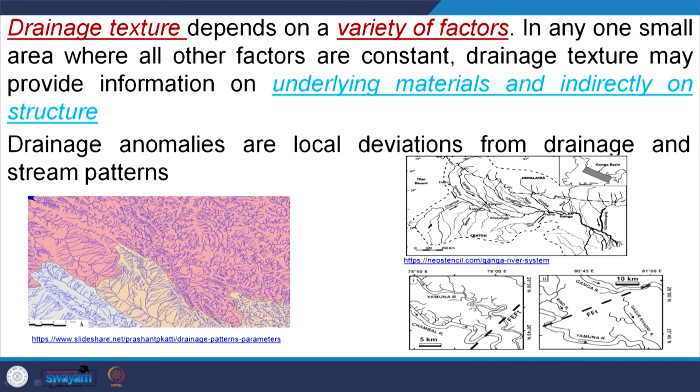Similarly, here channel offsets are there. So, these are the drainage anomalies. Drainage texture, drainage anomalies and drainage pattern define what type of lithology, structure and tectonic scenario these channels are passing through.